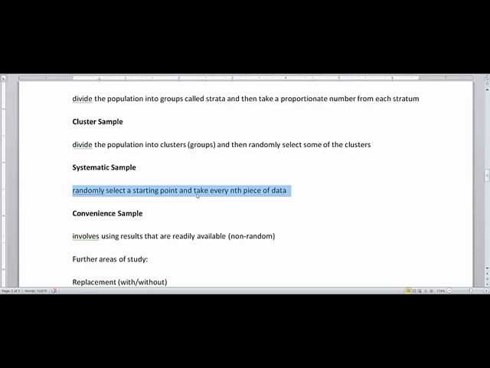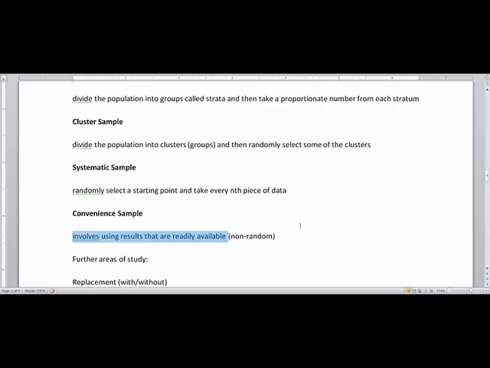Now, all of these techniques of getting samples are great, except that sometimes they're just not feasible. So here's where we have something called convenience sampling. And convenience sampling involves the results from readily available subjects. And you can see that I have in parentheses, this is non-random.